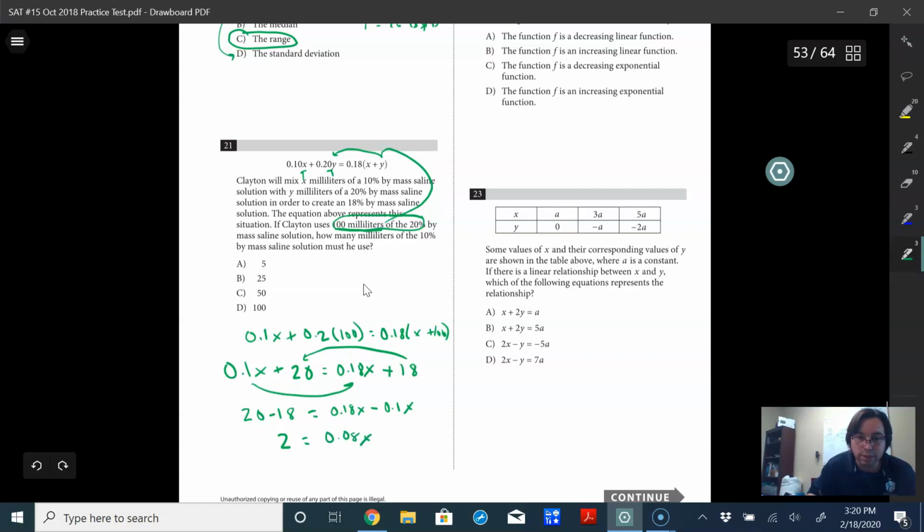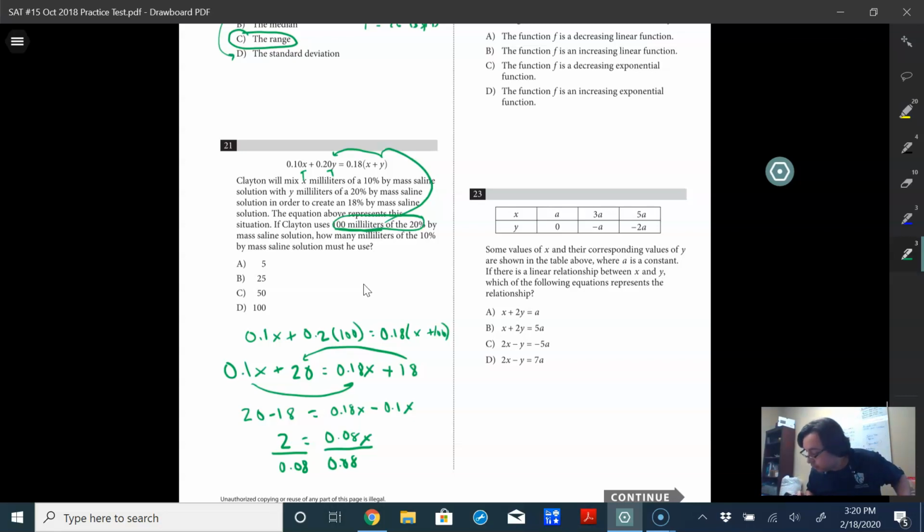So I'm going to be left with 2 equals 0.08x. Now we do have the use of our calculator here, and so for that reason, we really don't need to multiply through with the decimals. We can see that our value is going to be 2 divided by 0.08, and that will give me 25 as the answer choice.